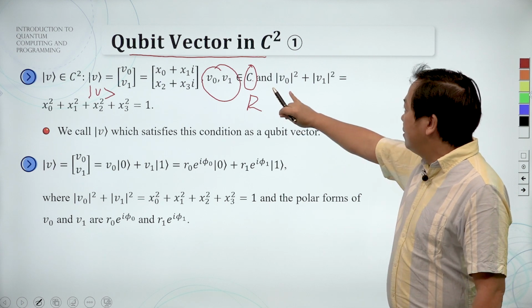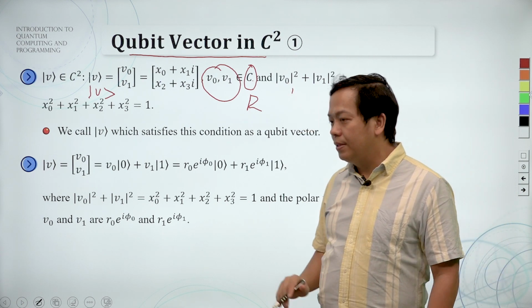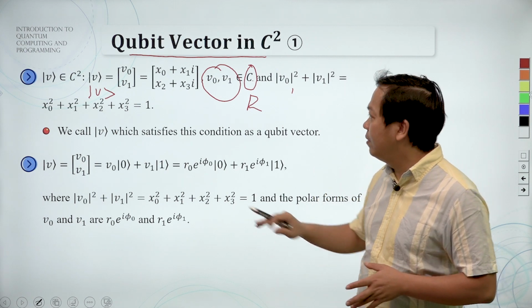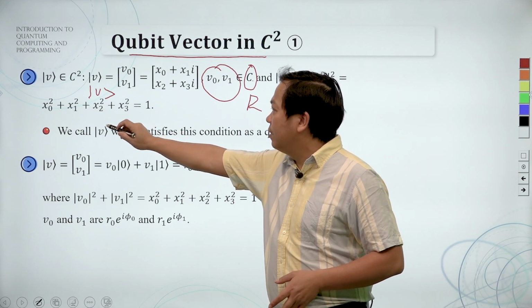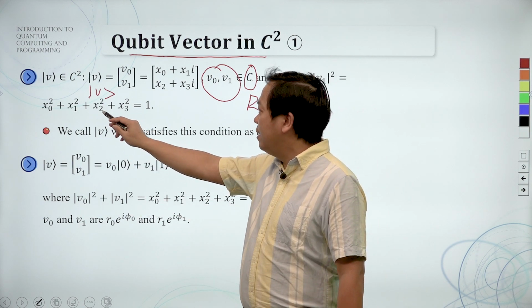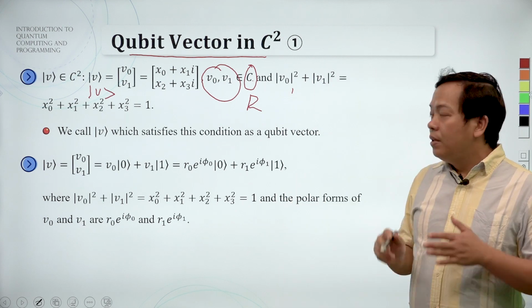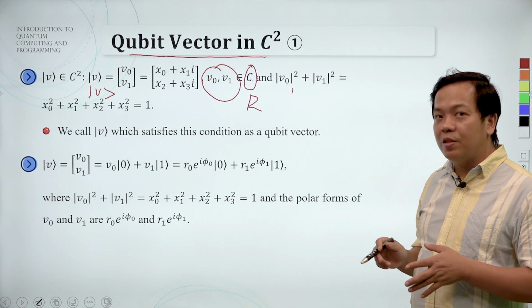This is the length of the 2-vector. So for the length of the 2-vector, we have x0 squared plus x1 squared plus x2 squared plus x3 squared equal to 1. So there is something special.